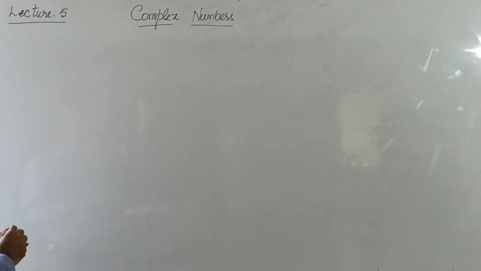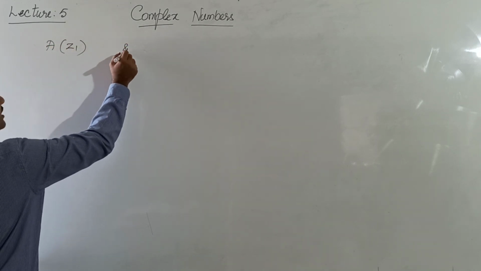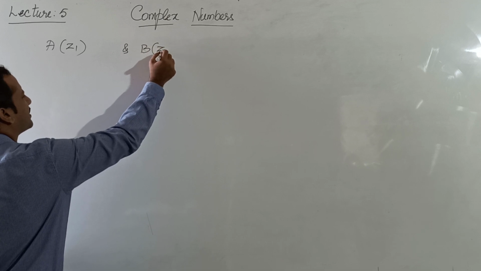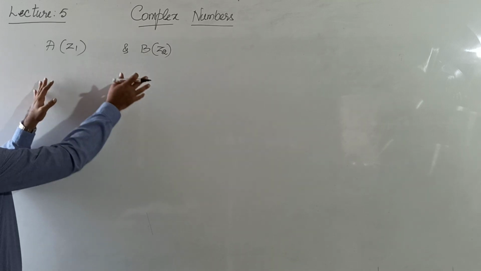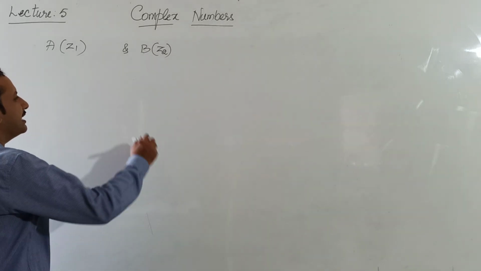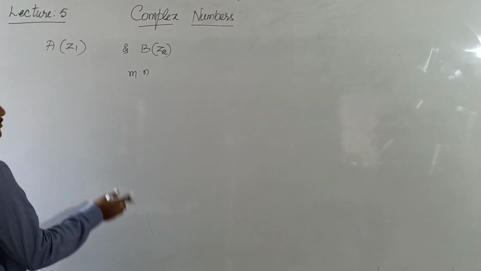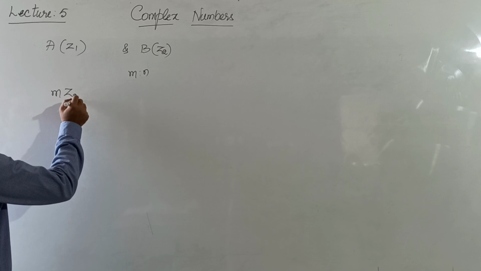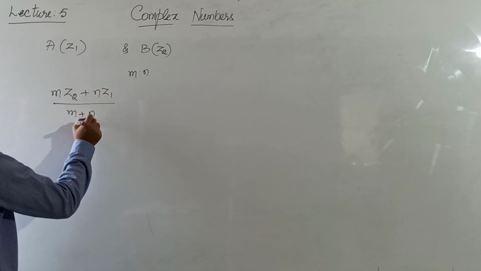Then suppose A is a point which represents the complex number z1 and B is another point which represents the complex number z2. Then the point which divides the line joining AB internally in the ratio m:n is given by (mz2 plus nz1) divided by (m plus n).